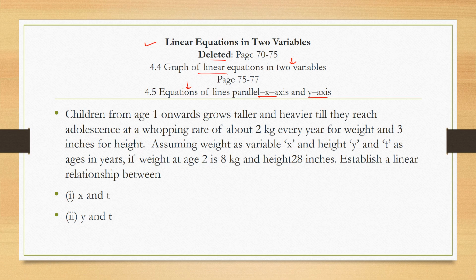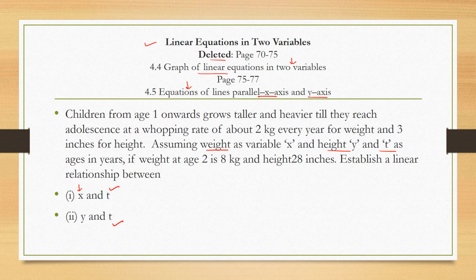Assuming weight as variable x and height y and t as age in years, if weight at age 2 is 8 kgs and height 28 inches, establish a linear relationship between x and t and y and t. Okay, so what we have understood is x is weight, y is height and t is time, age in years.